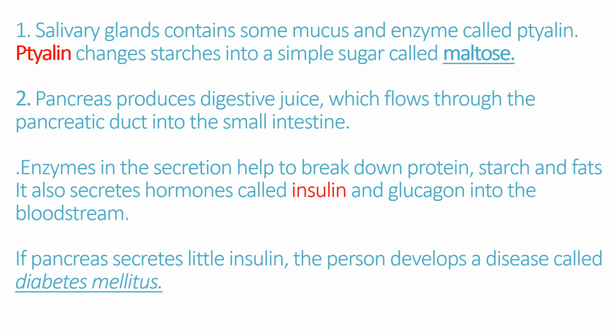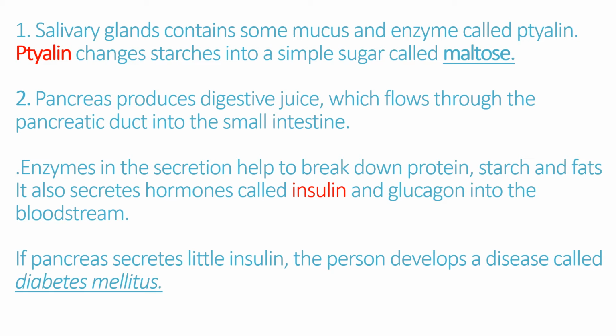Okay, let's discuss the accessory organs. Salivary glands contain some mucus and an enzyme called ptyalin. What is ptyalin? Ptyalin changes starch into a simple sugar called maltose. Number 2, the pancreas. It produces digestive juice, which flows through the pancreatic duct into the small intestine.